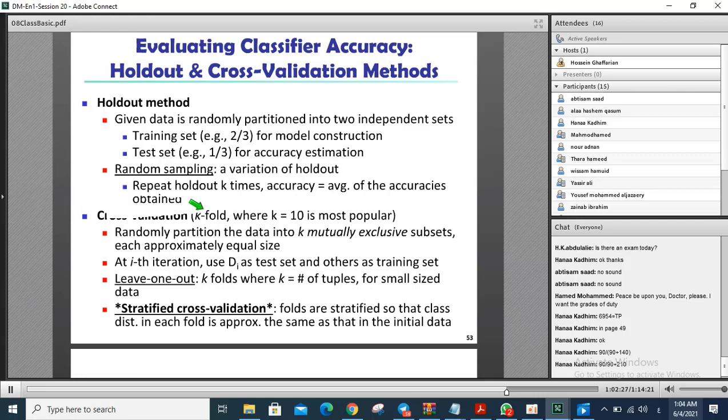In the third round, I'm selecting the third fold or third partition as a test set, and the rest of the folds, the 9 other folds, are train sets.